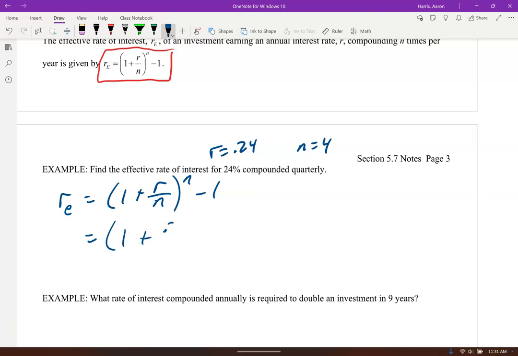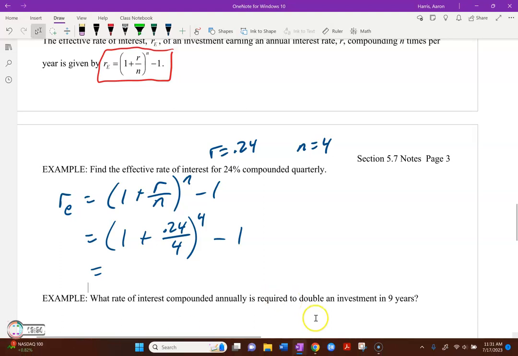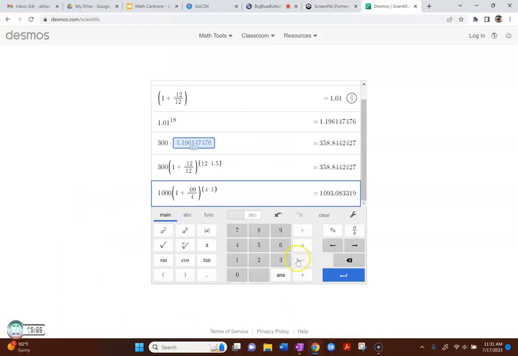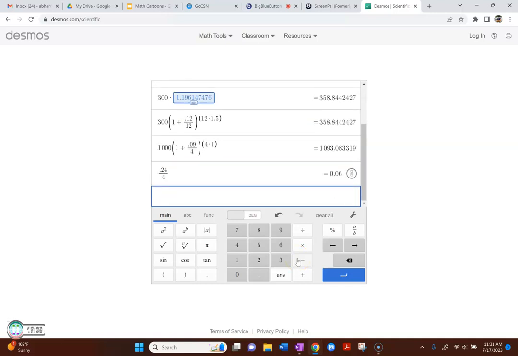1 plus 24% compounded quarterly. N is 4. So I'm going to punch in 0.24 divided by 4. Let's go to decimals here. And then it was that answer plus 1.